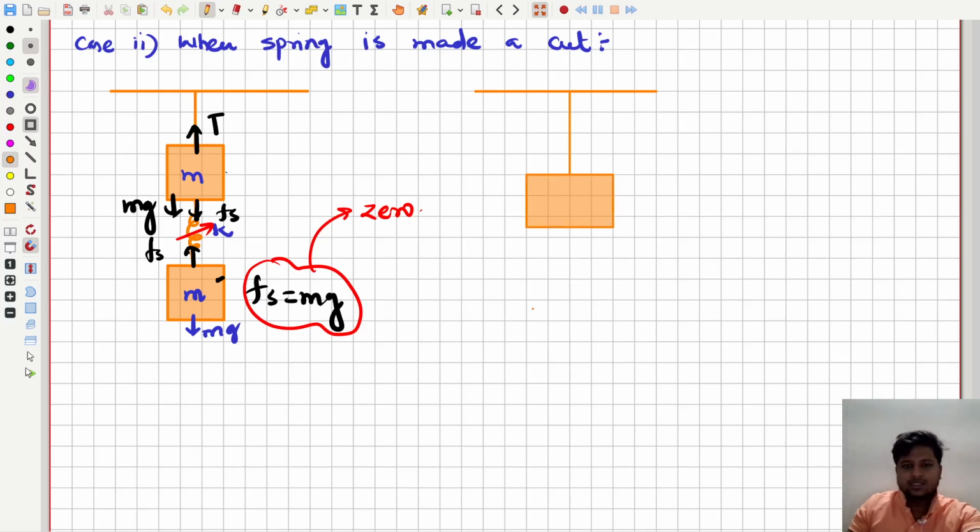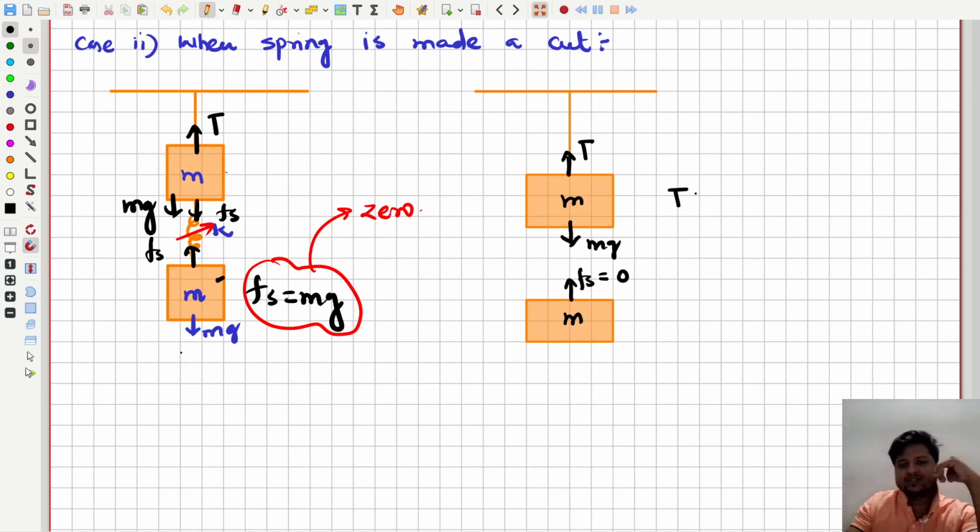And this block is free to move. So look over here, this is mass m, this is mass m. So the upward spring force immediately becomes 0. Now, as soon as it becomes 0, tension T immediately changes and it attains an equilibrium state. T becomes equal to mg.